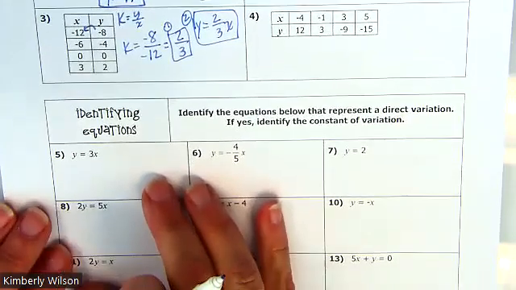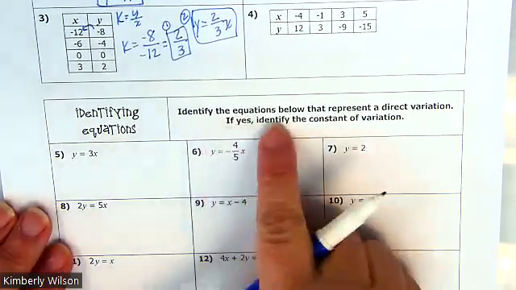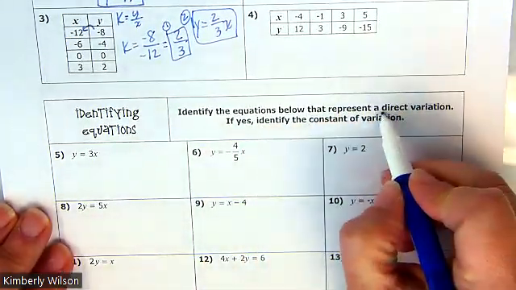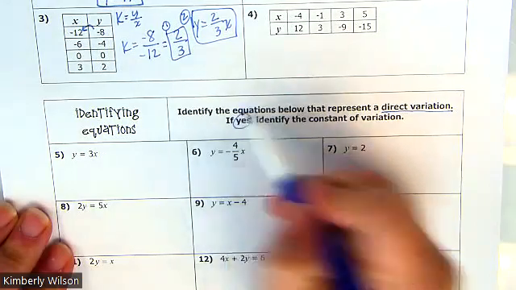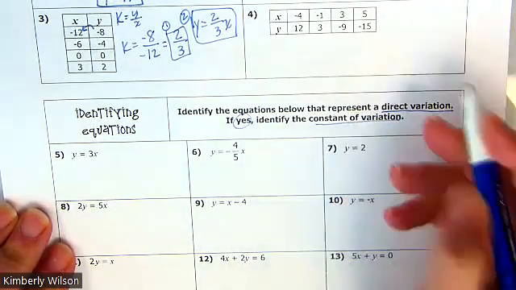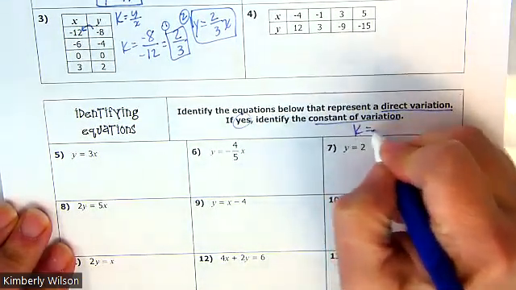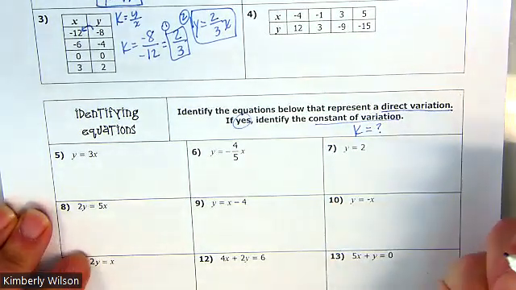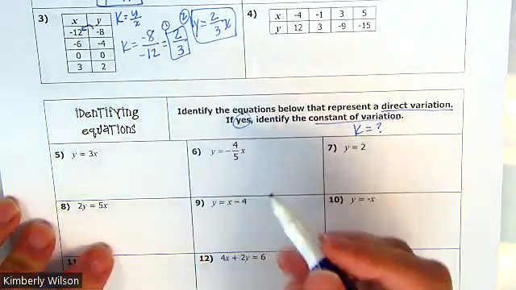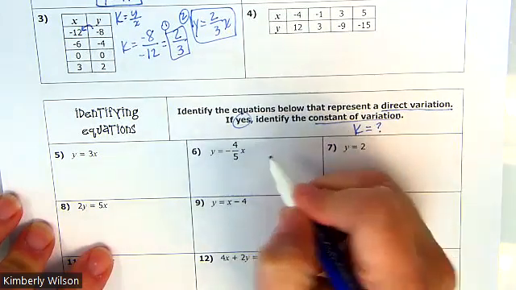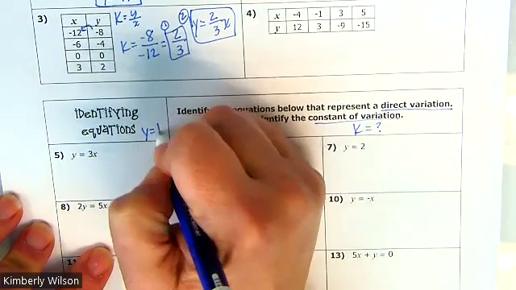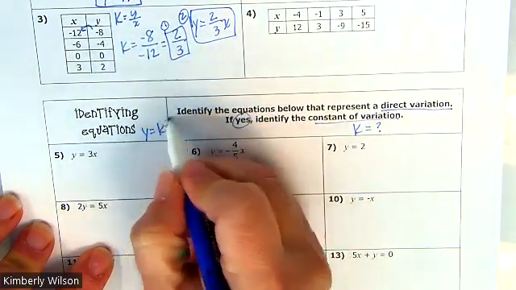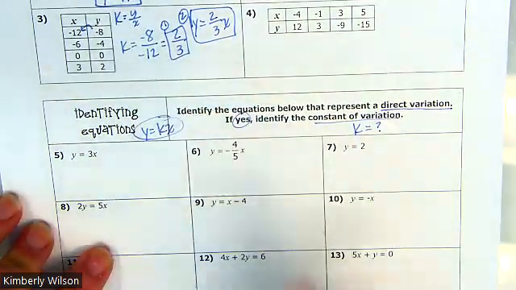Looking at the equations, we have to identify the equations below that represent a direct variation. So we only want a yes or a no if it's a direct variation. If it is a yes, then we have to tell what the constant of variation is. What does k equal? Okay, so for number 6, as long as the equation is in the form y equals kx, it looks like this, then it is a direct variation.